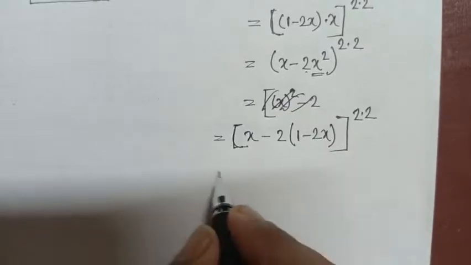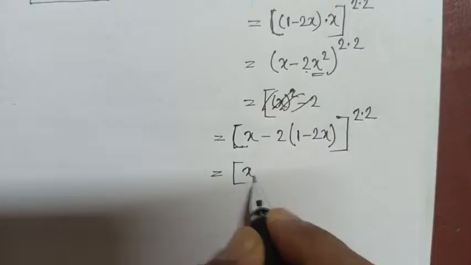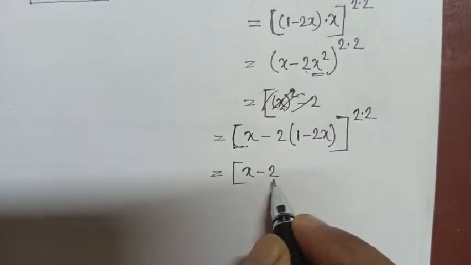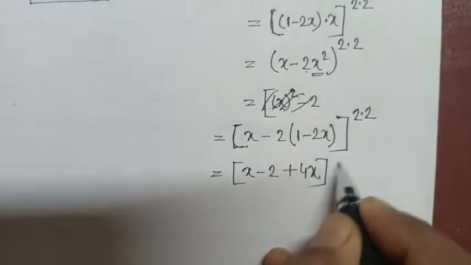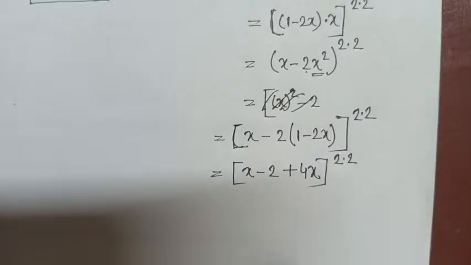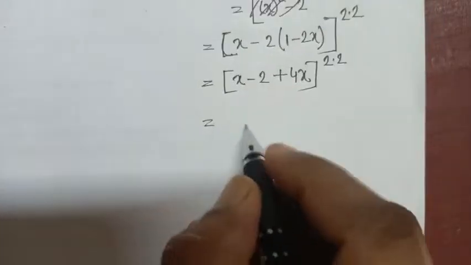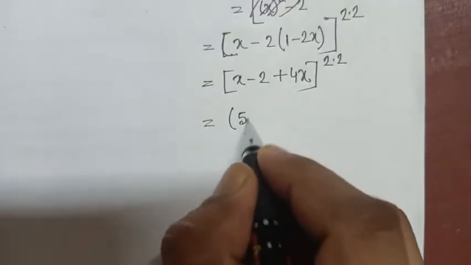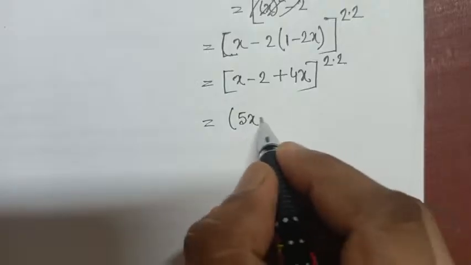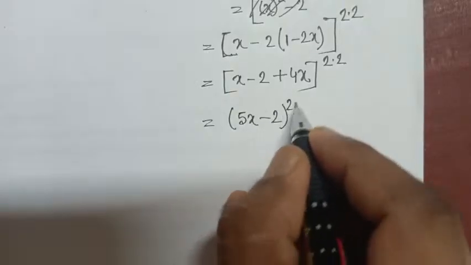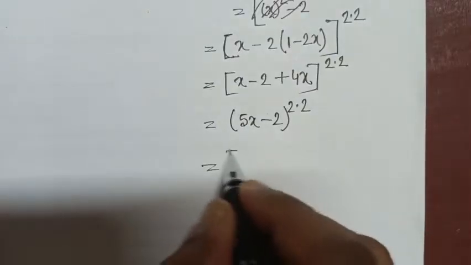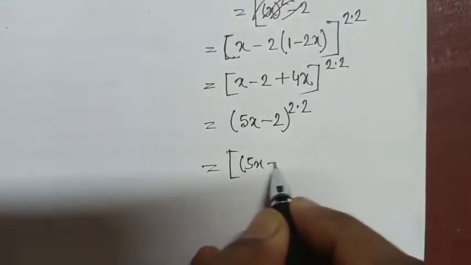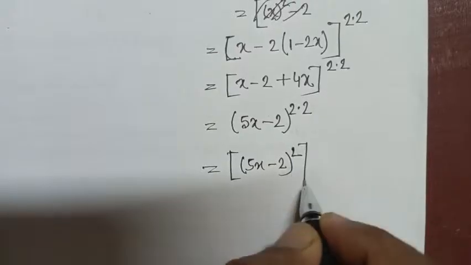Now we get x minus 2 plus 4x, to the power 2. So here we get 5x minus 2 to the power 2. So now we can write this as 5x minus 2 square.